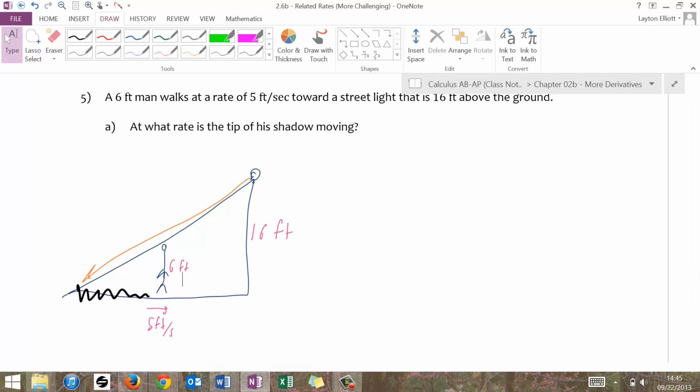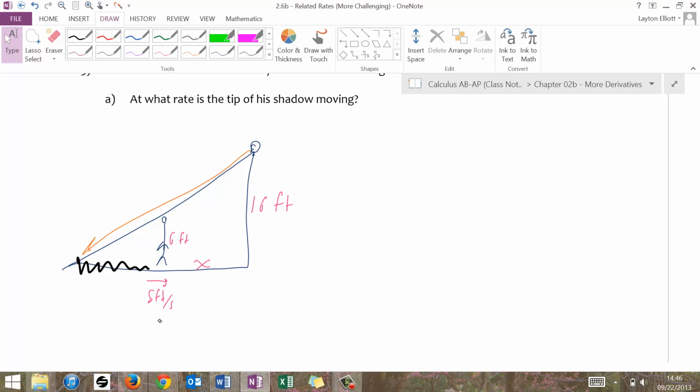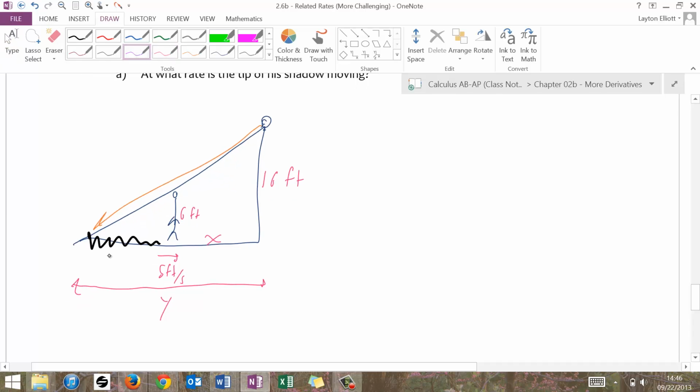At what rate is the tip of his shadow moving? Well, I know this is x, or I'm going to call that x. And we want to know at what rate is this whole thing changing, because the shadow is going to be following him. So I'm going to call that y. And for the purposes of this figure, I'm going to call this y minus x.